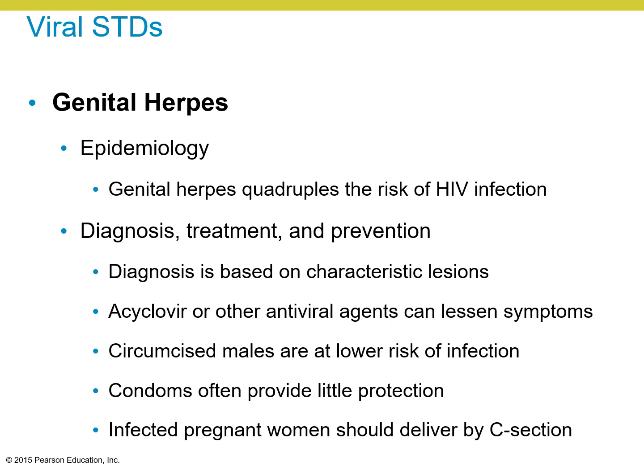Antiviral drugs such as acyclovir or any other antiviral agents can help with reducing the symptoms. Circumcision among males is one of the measures which can lower the risk of infection. Protection during sexual intercourse, such as condoms, provides some additional protection as well.